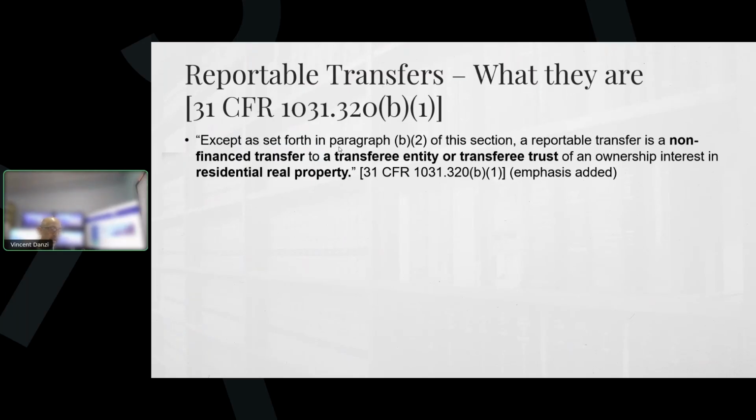Now, that's a misconception, and I think the misconception arises because there's some confusion between this residential real estate rule and the Corporate Transparency Act and its requirements that beneficial ownership information be reported to FinCEN.